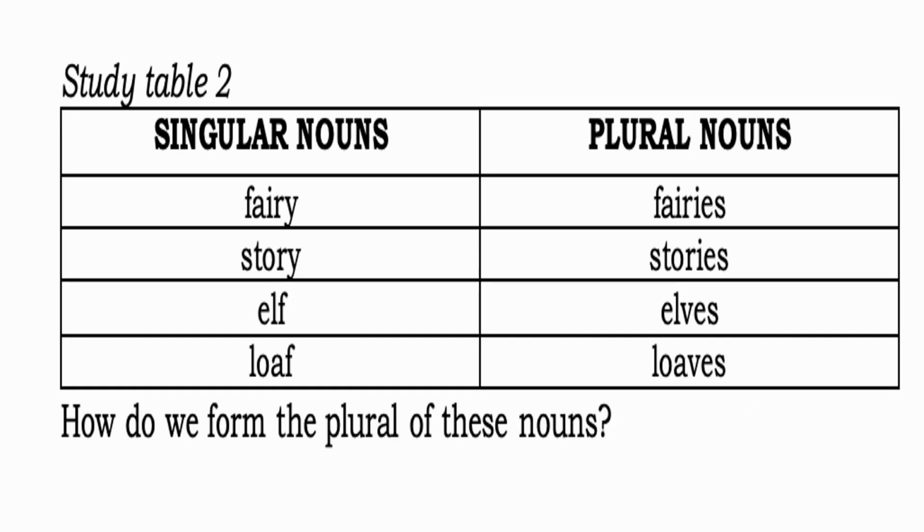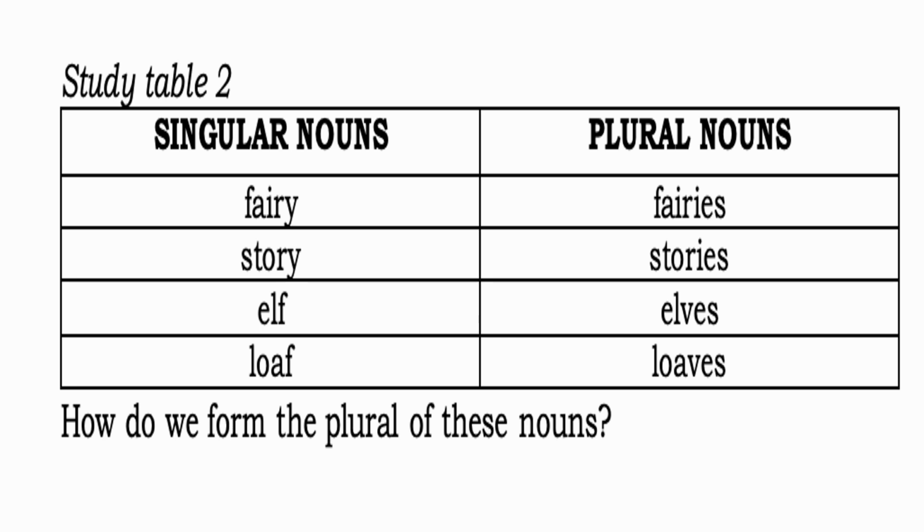Alright. How about this? The table 2, singular nouns. Example is fairy. It became fairies. Story, stories. Elf, elves. Loaf, loaves. So how do we form the plural of these nouns? Correct.